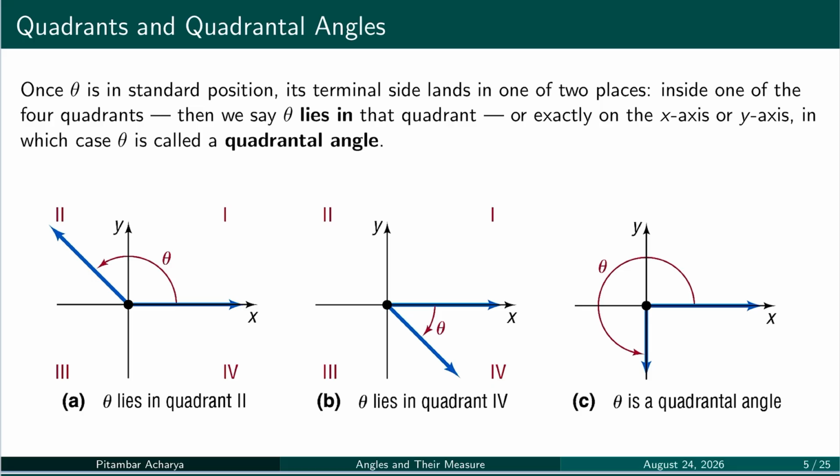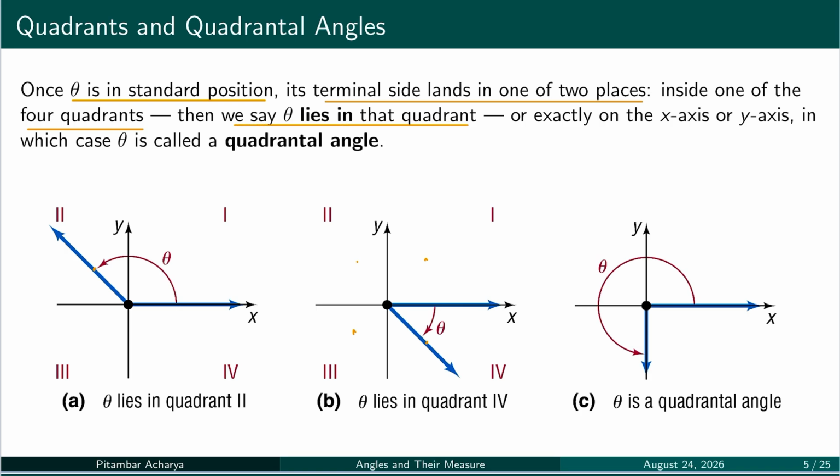Now the quadrants and quadrantal angle. If theta is an angle in standard position and its terminal side lands inside one of the four quadrants, might be here, here, or here, then we say that theta lies in that quadrant.